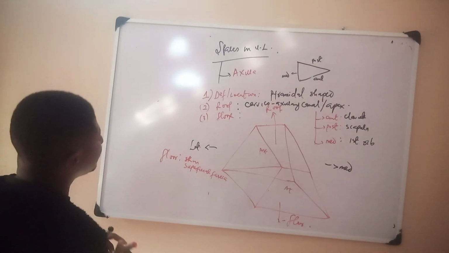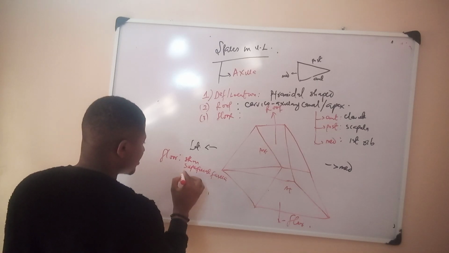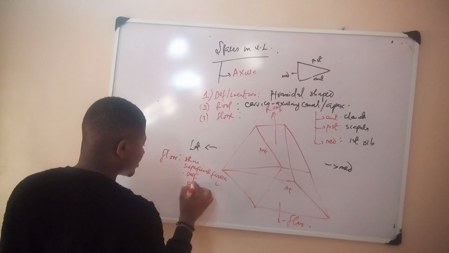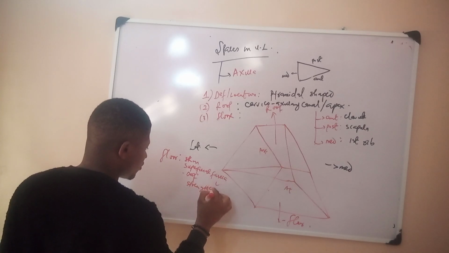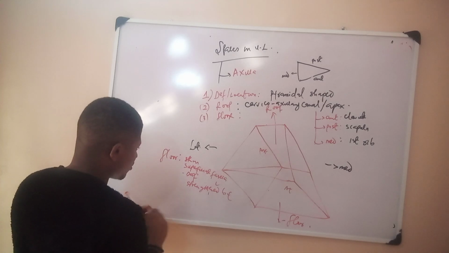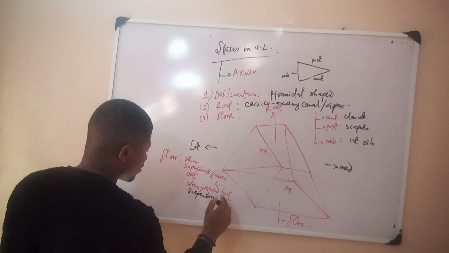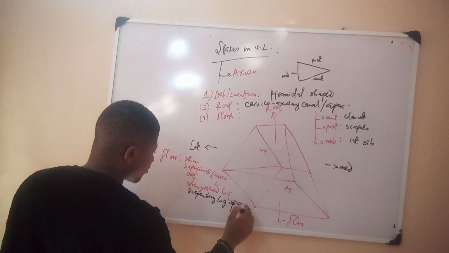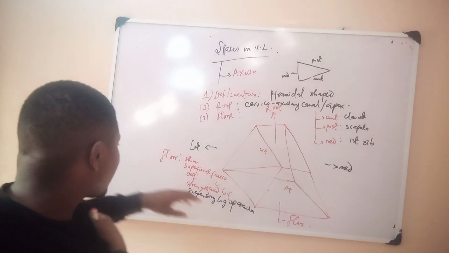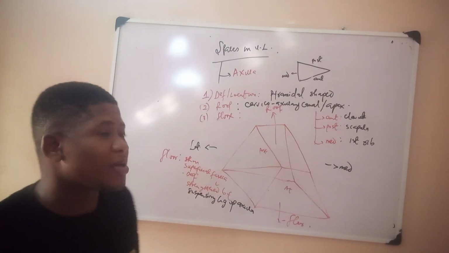Then if you remove this, you see the fascia strengthened by suspensory ligament of axilla. So the floor is formed by skin, superficial fascia, and deep fascia strengthened by suspensory ligaments of axilla.